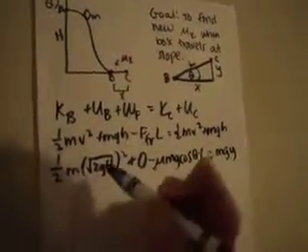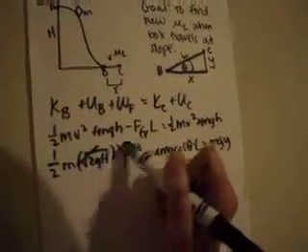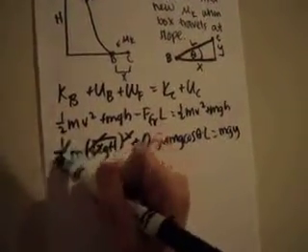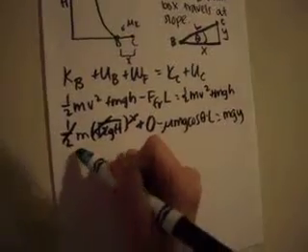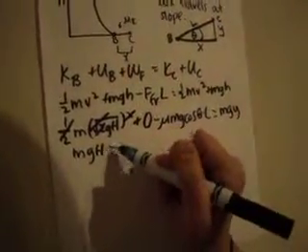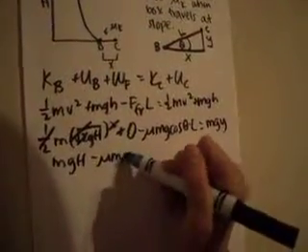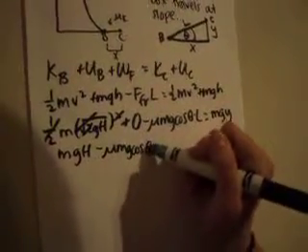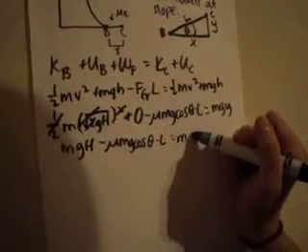And now we're just going to simplify it a little bit. So that cancels with that, the 1/2 and the 2 cancel in that part of it. So that's going to be mgh minus mu mg cosine theta times L equals mgy.